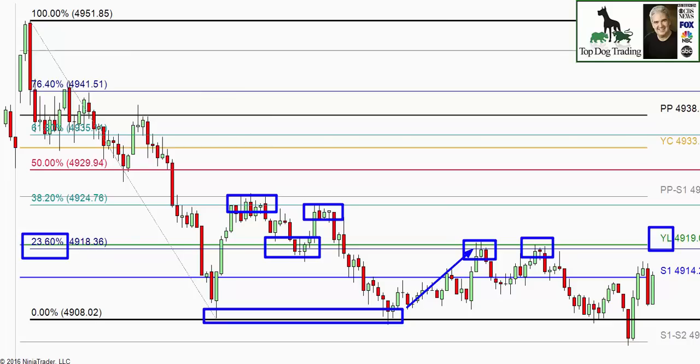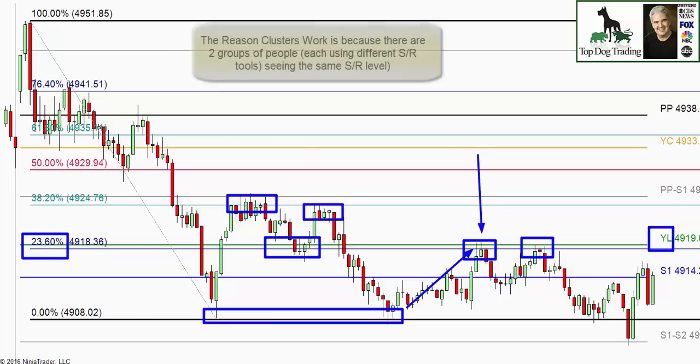And then there's a lot of people who use Fibonacci, some do, some don't. So what you're doing is when you get a cluster, the market logic as to why they work is you have two groups of people. Some are looking at the floor trader pivots, or yesterday's high and low, for example. That's not really a floor trader pivot, it's just yesterday's low, and a ton of people look at that. And then you also have another group of market participants who are watching the 23.6 Fibonacci ratio.